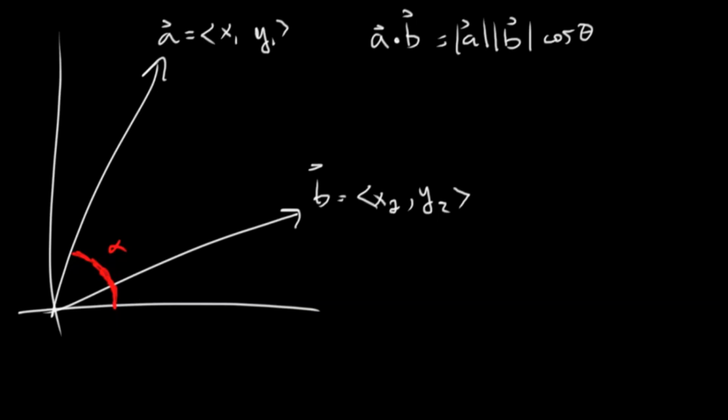And then this vector right here has angle, let's go ahead and call it beta. So we have alpha and we have beta. That is what theta is, right? The angle between these two vectors, this angle right here, theta, is alpha minus beta.